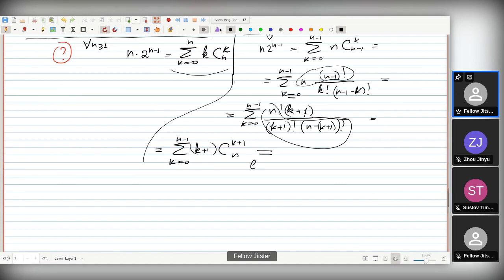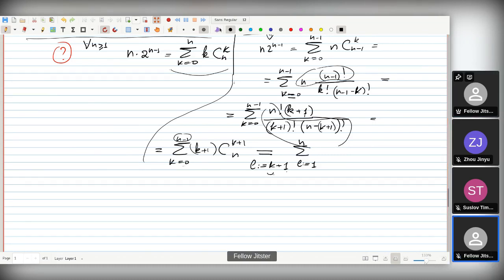For example, to make things easier, let us rename k plus 1 to L. If k ranges from 0 to n minus 1, then k plus 1 will range from 1 to n. If you substitute 0 here, you will obtain 1. If you substitute n minus 1 here, you will obtain n. Do you agree?